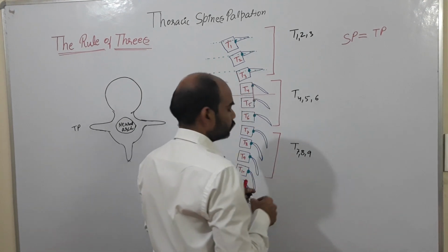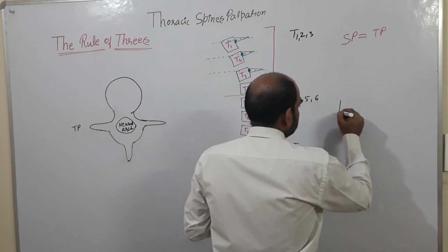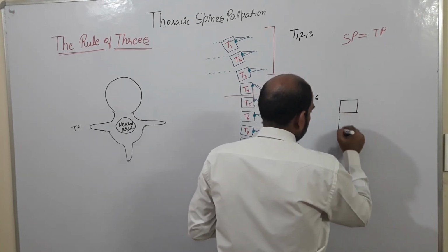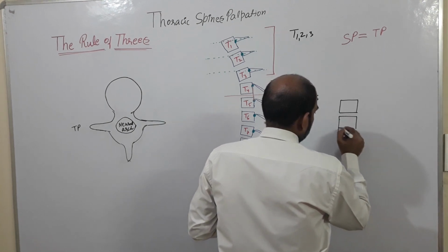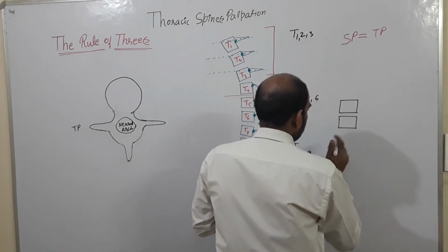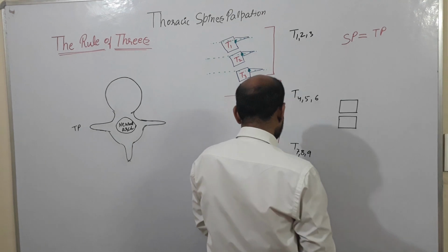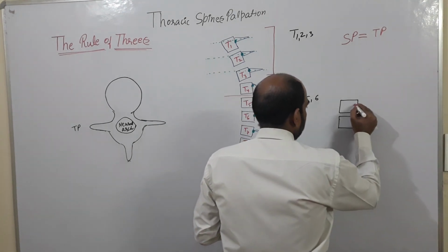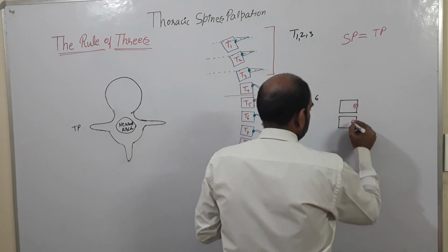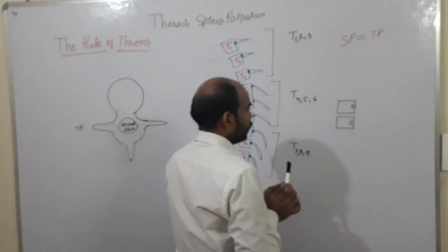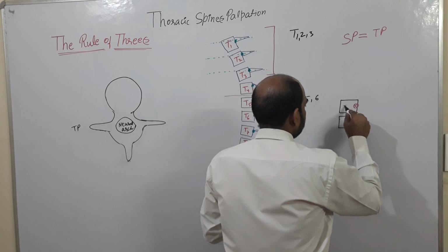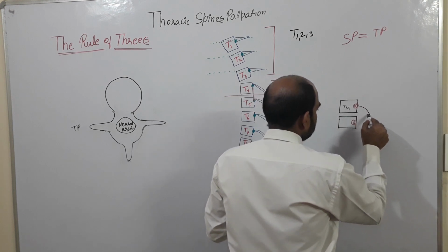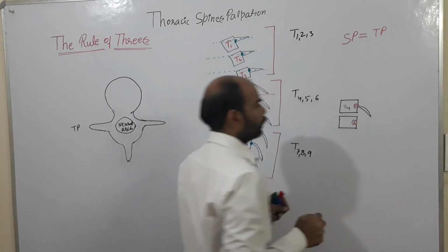Suppose this is a vertebra, and this is a mark of the transverse process. So the spinous process of the T4 vertebra moves down and reaches half the distance between T4 and T5.